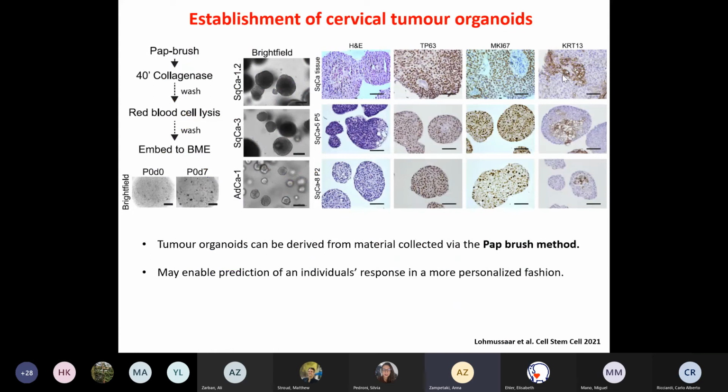The remarkable thing about it is that all these are derived from material collected with a pap brush. So this approach eliminates the need to have solid tumor biopsies, and hopefully will make things easier and provide a more personalized response for an individual's response to medication.